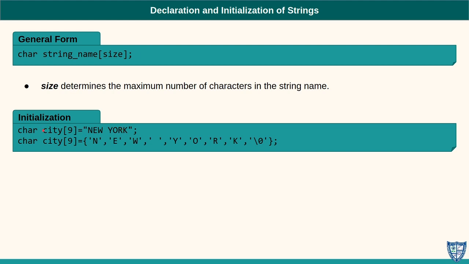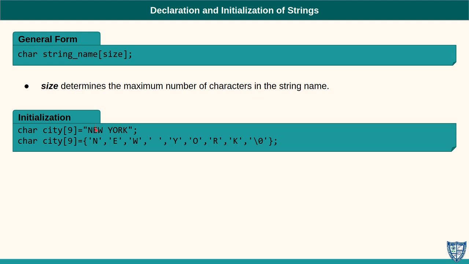and this city is an example of a string variable. Hope you understand what I mean. City is a string variable, New York is a string constant. You can compare it with an integer value: if I write int a equal to 5, then 5 is an integer constant and a is an integer variable.